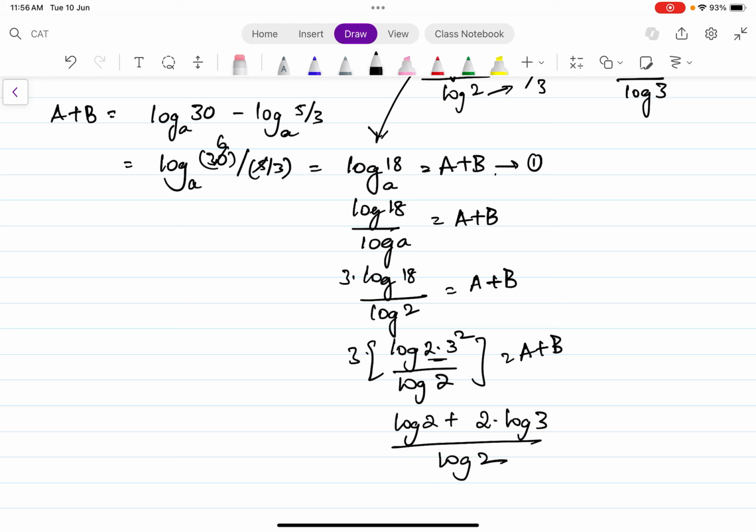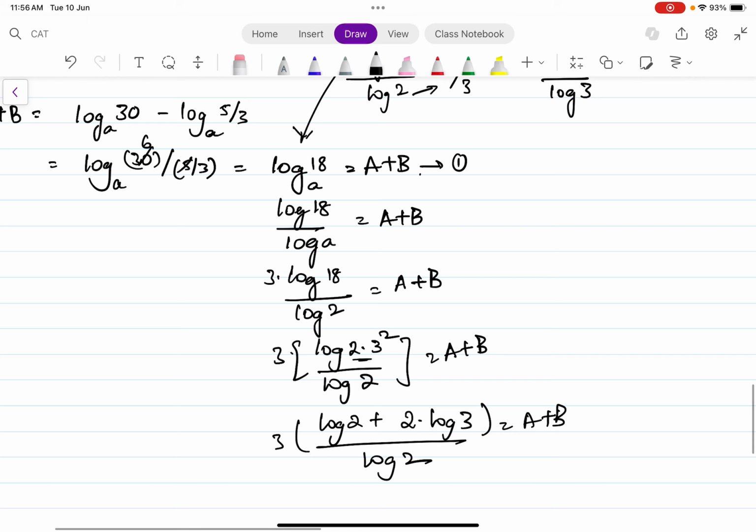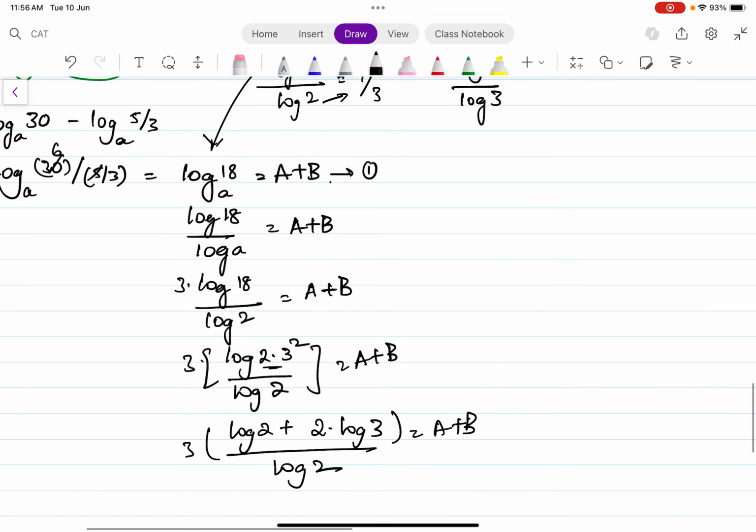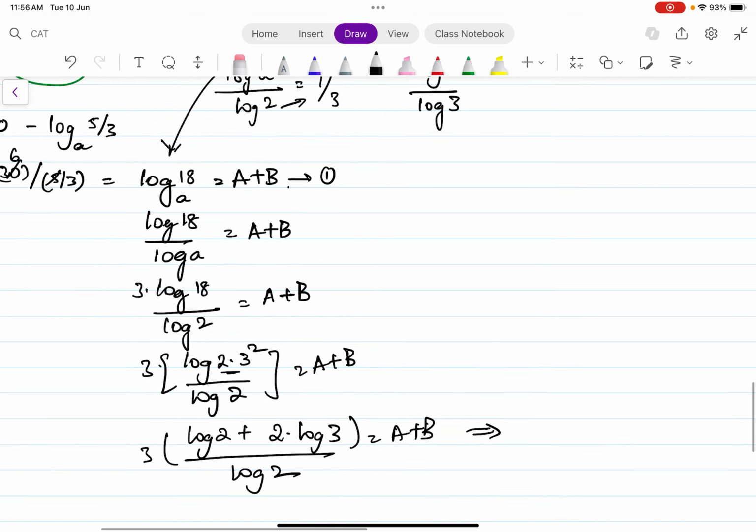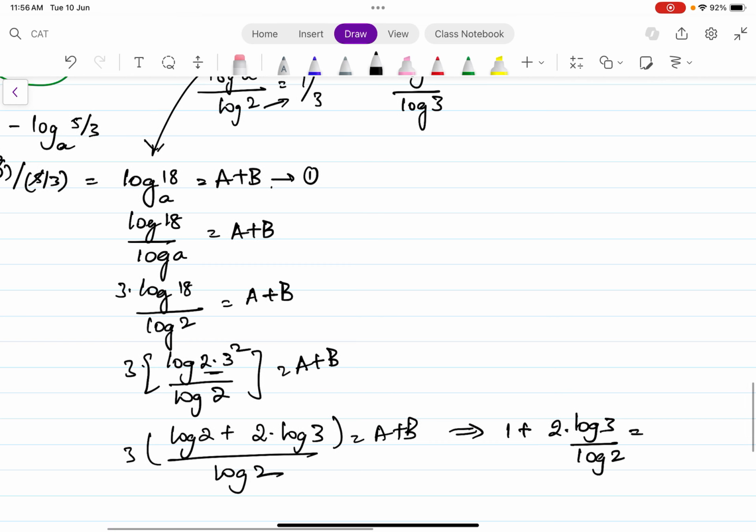Then you do this into 3, of course, is a plus b, and then you divide it individually and send the other term that side. What do you get? You get 1 plus 2 times of log 3 divided by log 2 is equal to a plus b by 3.